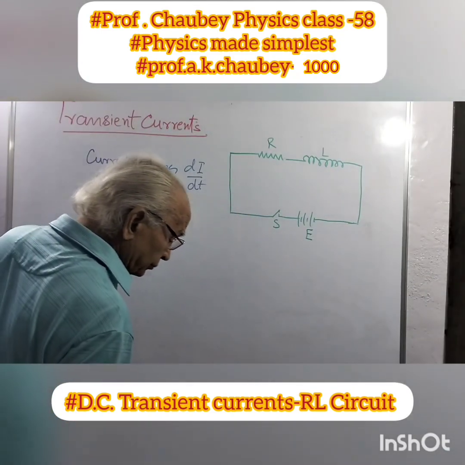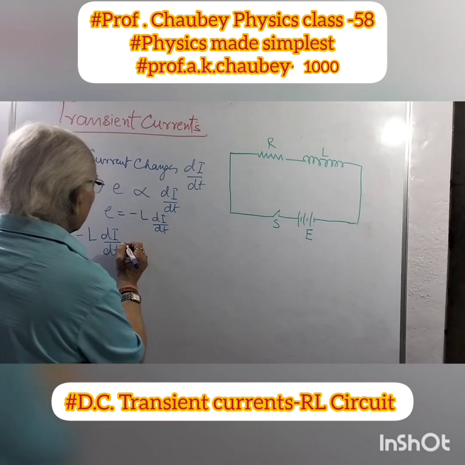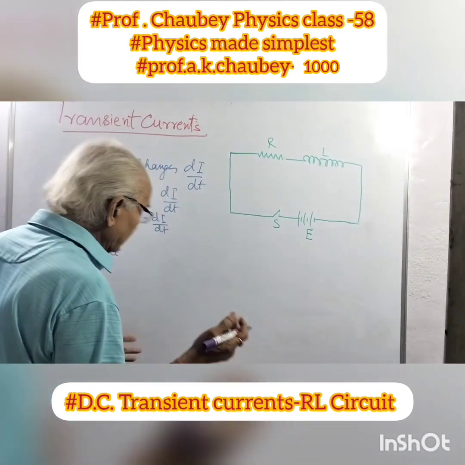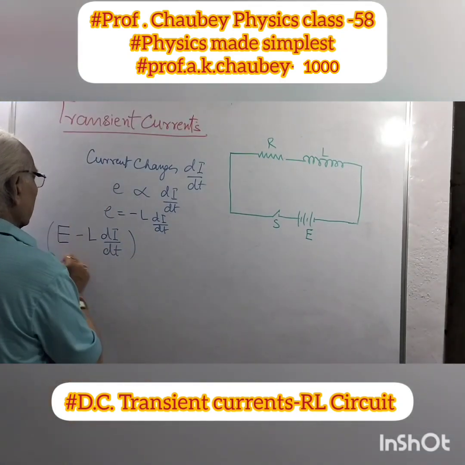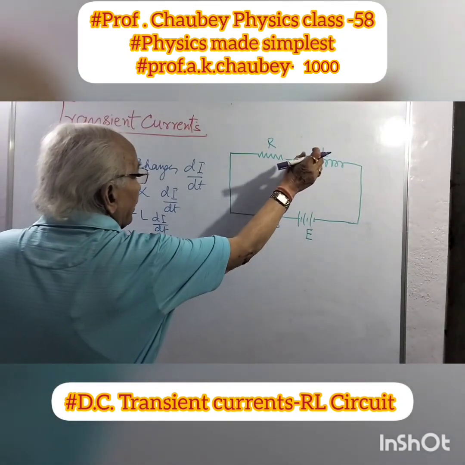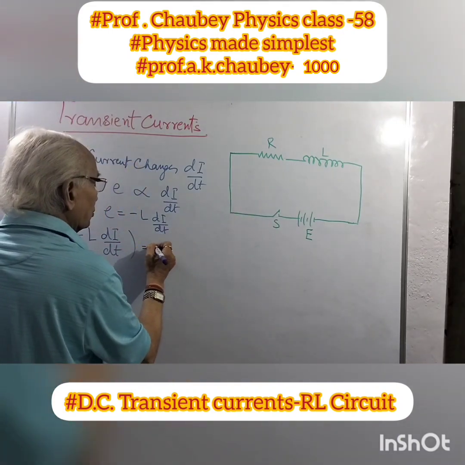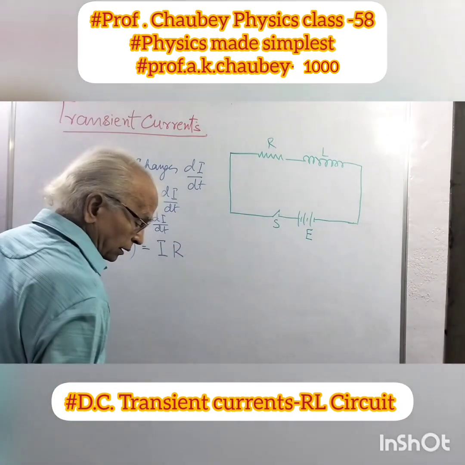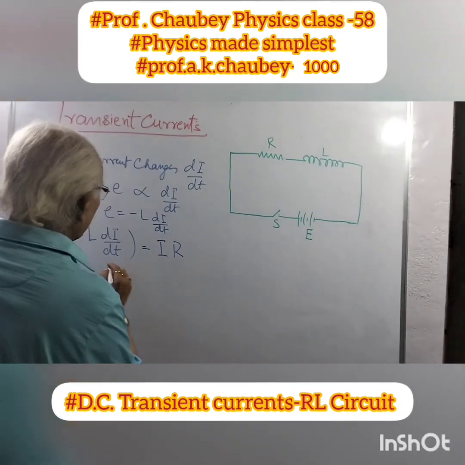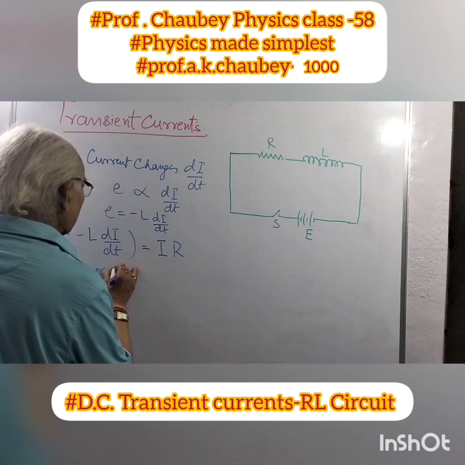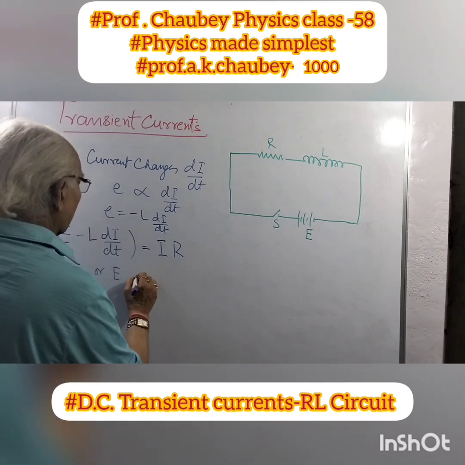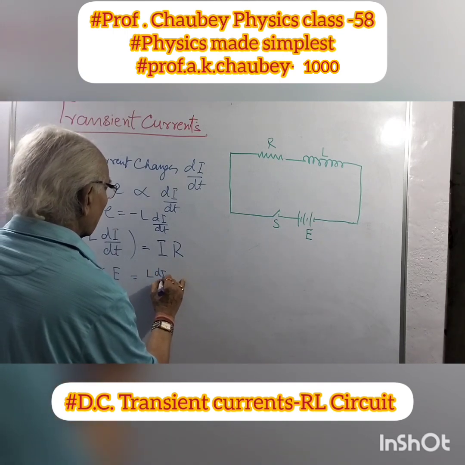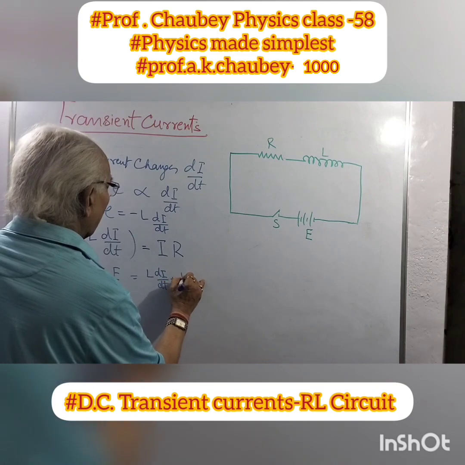So total potential: E applied minus L di/dt, because E is applied here and this is opposite, this must be equal to the IR drop, the potential across the resistance IR. Or we can write E is equal to L di/dt plus IR.